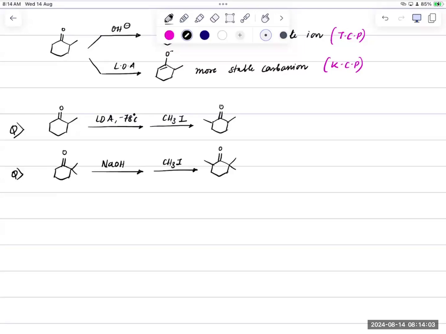So whenever there is an option of alpha hydrogen, you should go for the more stable enolate in the case of NaOH and the more stable anion in the case of LDA. I guess this part is clear. Okay. Next.